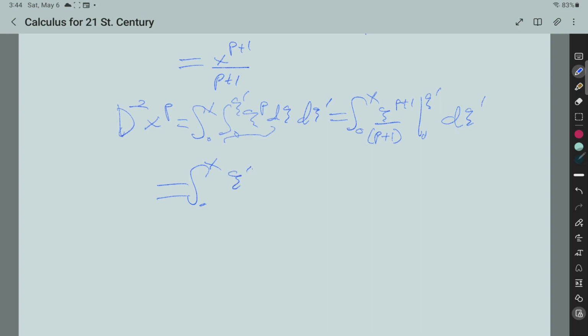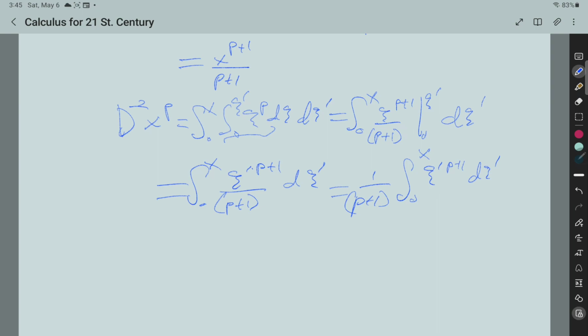So c prime raised to the p plus 1 over p plus 1 dc prime. So now I just do this second integral. This 1 over p plus 1, that's just a constant, so I could pull it out of the integral. And this here is c prime to the p plus 1 dc prime.